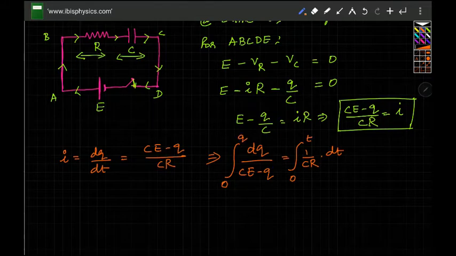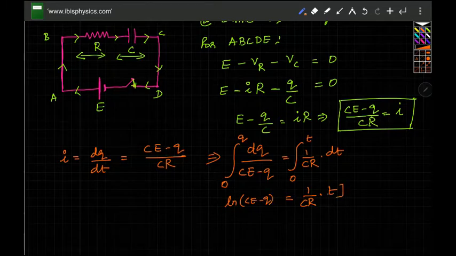When you integrate, the right side is 1 by CR, the constant taken out, and the integral of dt is t. On the left it is in dx by x format. The constant aside, the integral of dx by x is the natural logarithm of x, which here is CE minus q.